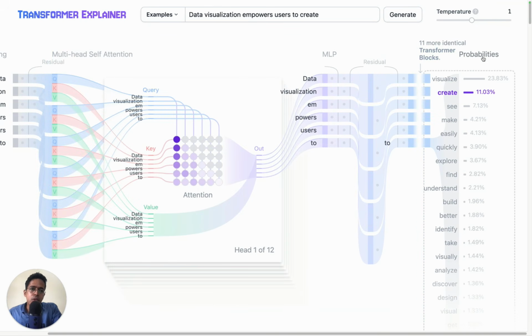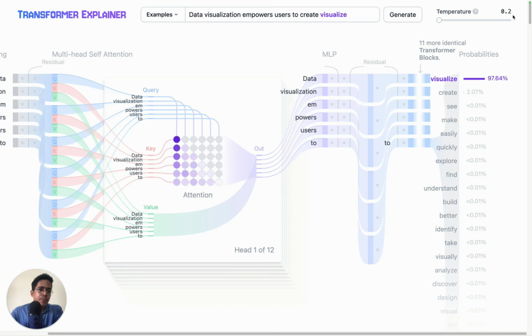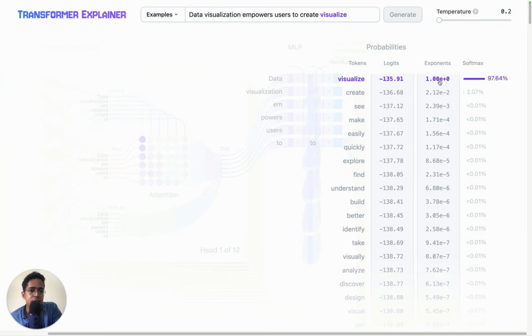What is temperature actually? Let's say the temperature is very low, it's 0.2. You can see what's happening to this output probability distribution in the softmax. And in the calculation, if temperature is 0.2, the formula of the exponent is exponent of logit divided by 0.2. So basically, the logit is divided by the value of temperature.